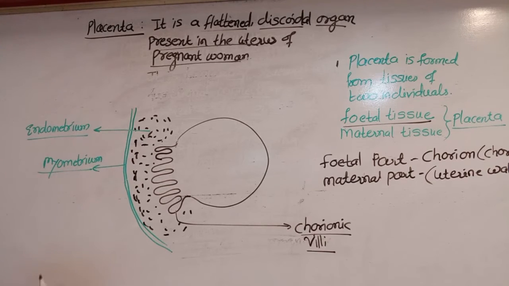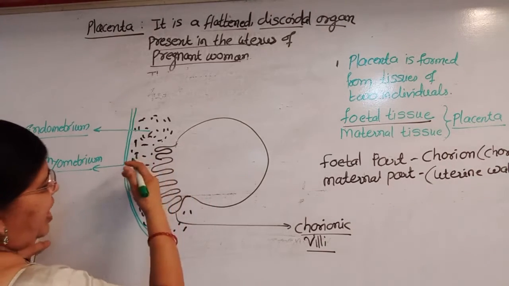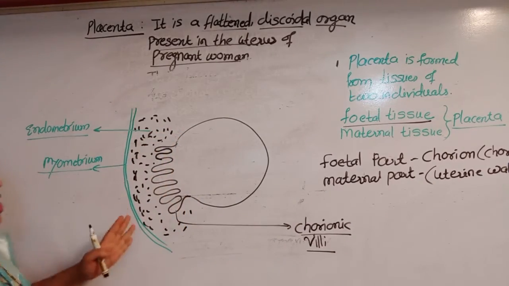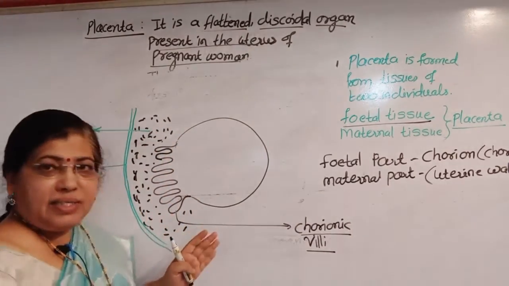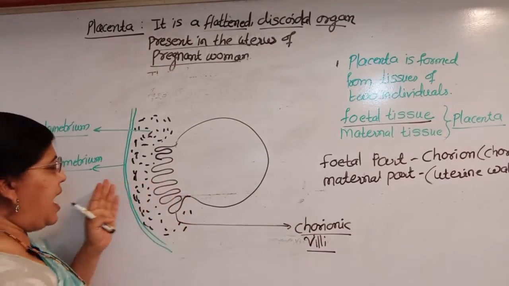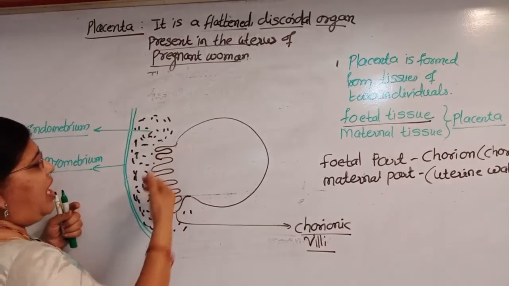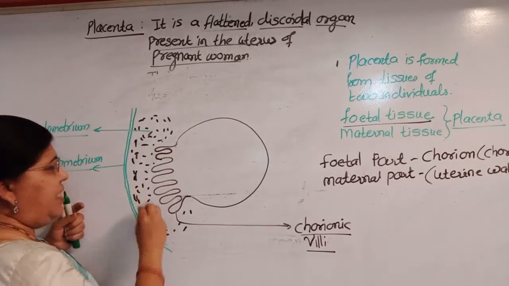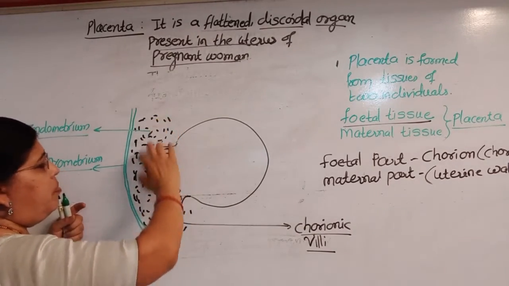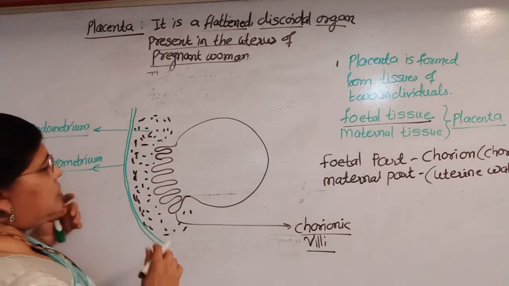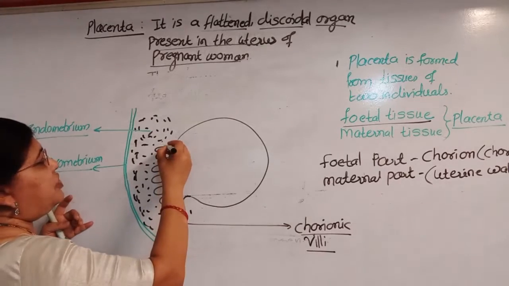So during implantation, chorionic villi penetrate into the endometrium, and chorionic villi secrete enzyme which digests endometrium. So chorionic villi are in direct contact with maternal blood.